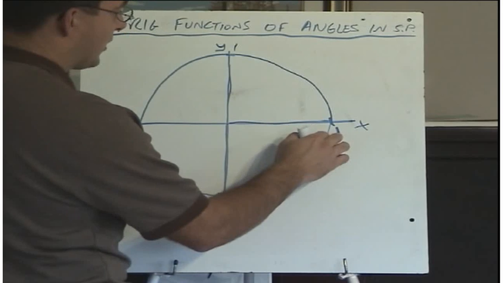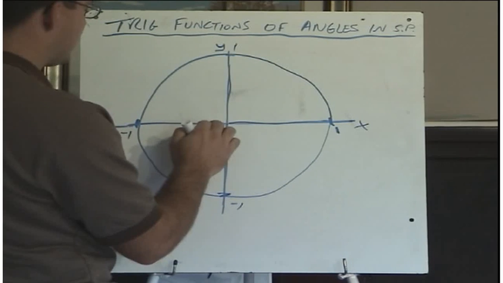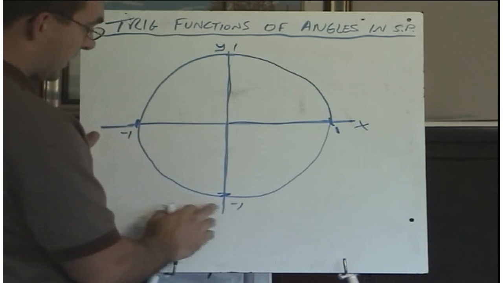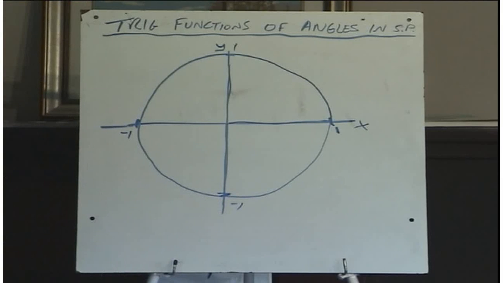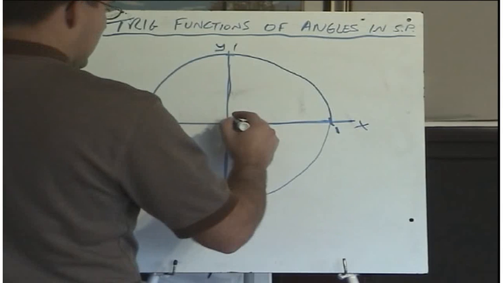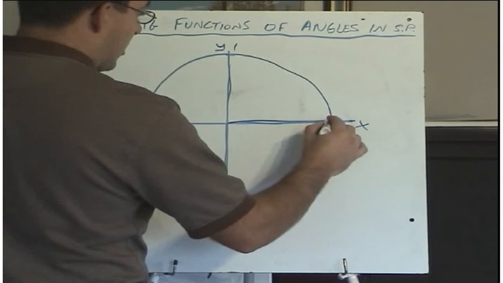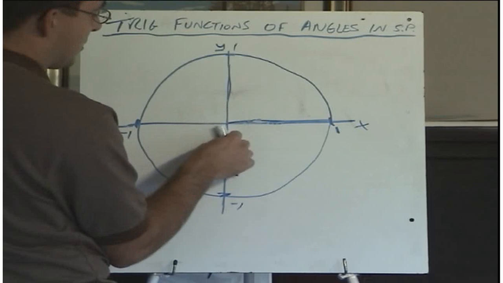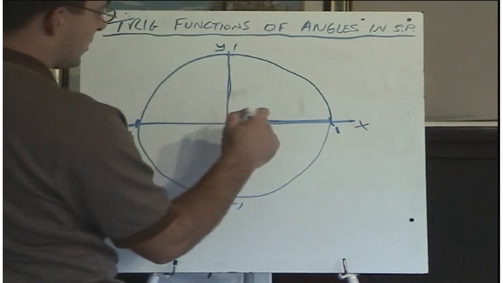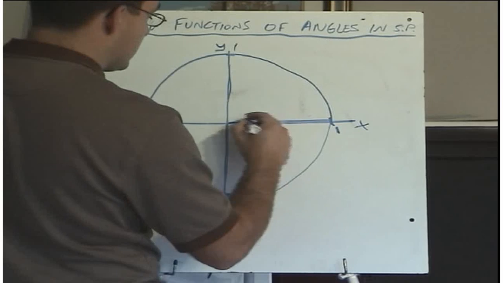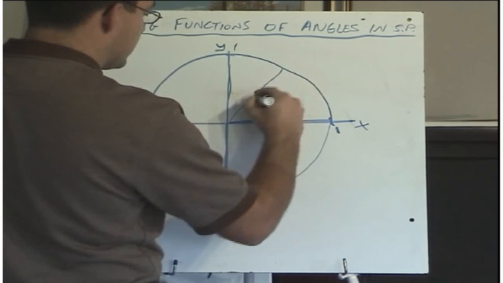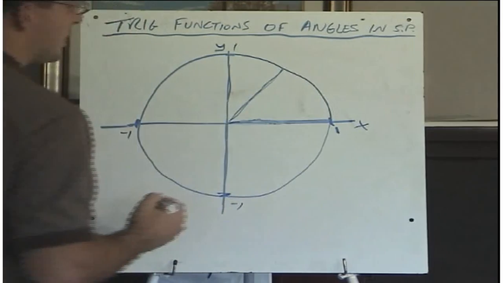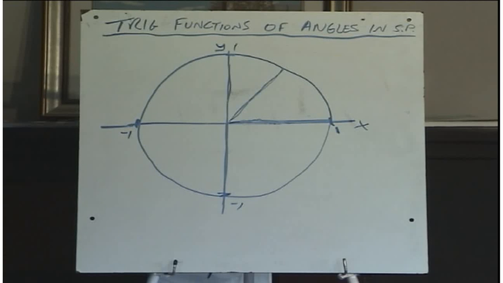So this point is 1 on the x-axis, this is 1 on the y-axis, negative 1 over here on the negative x-axis, and negative 1 below. If we take a look at an angle, here's my initial arm. What we're going to do is rotate our terminal arm through the 4 quadrants and observe what happens to the trig ratios. So let's take a look first at an angle in quadrant 1.